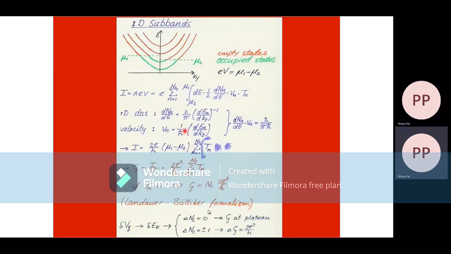So now to derive the conductance quantization, we need to calculate the current that goes through these one-dimensional subbands, right?